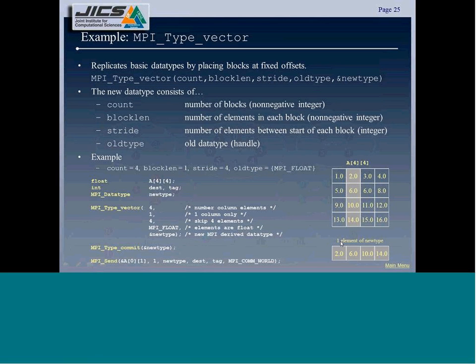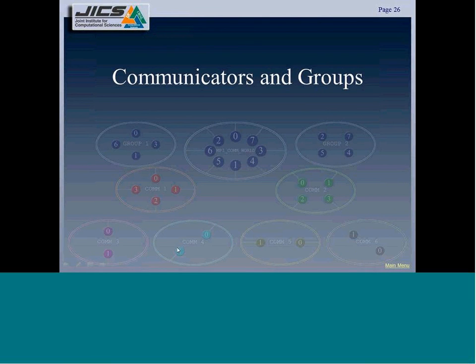Again, this column becomes just one element of type new type. You see we are sending this one single element of type new type, with the destination that we have defined. Okay, so that's what I have for MPI derived data types.